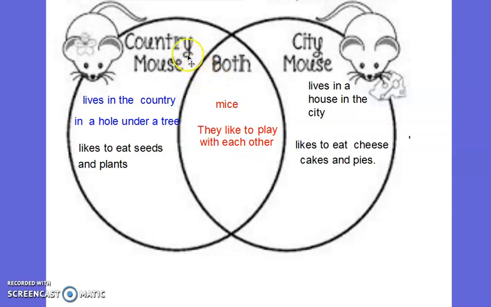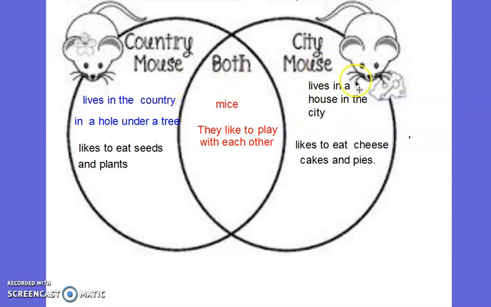Now, how is the country mouse different from the city mouse? First of all, where does the country mouse live? Does the country mouse live in the same place where the city mouse lives? No, everyone lives in a place. The country mouse lives in the country in a hole under a tree. But the city mouse lives in a house in the city.